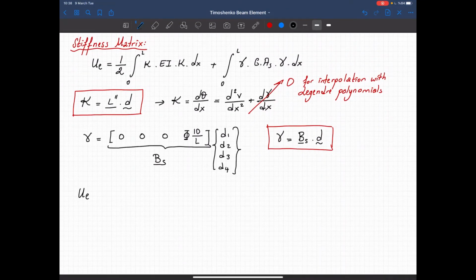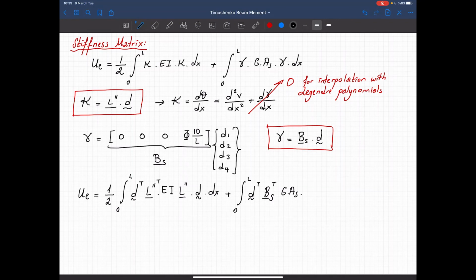The internal energy is equal to 1 over 2 integral from 0 to L d transpose, the second derivative of L multiplied by EI, there's transpose here, second derivative of L times d integrated over the dx, plus from 0 to L d transpose, the Bs transpose multiplied by G times As multiplied by Bs multiplied by displacement times dx.